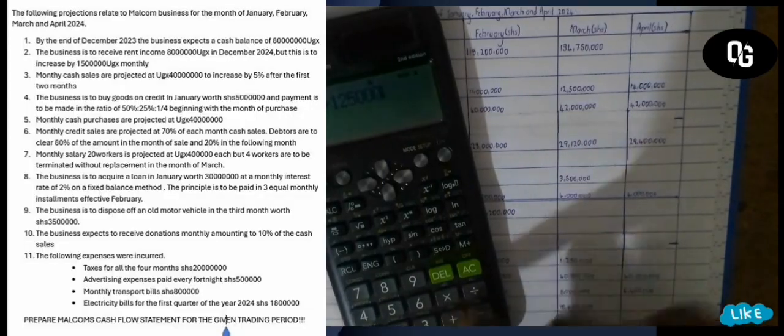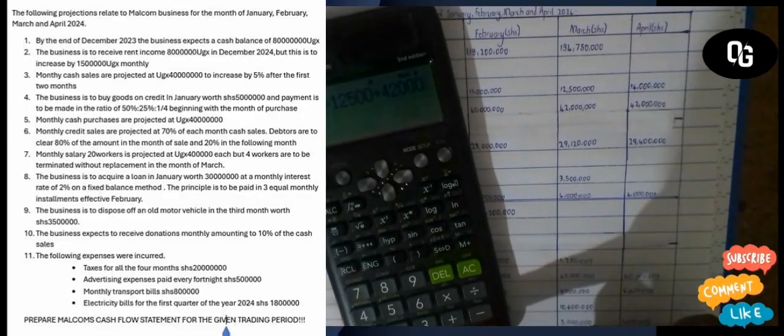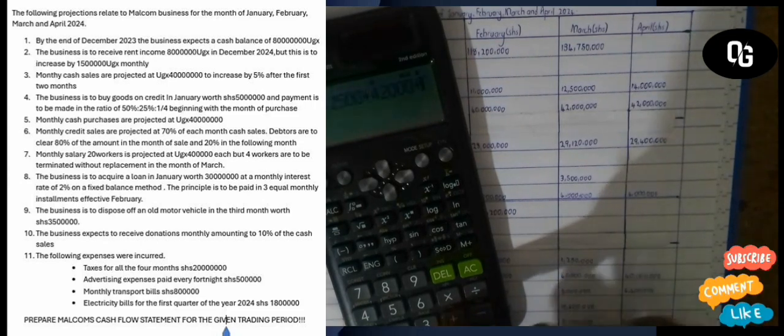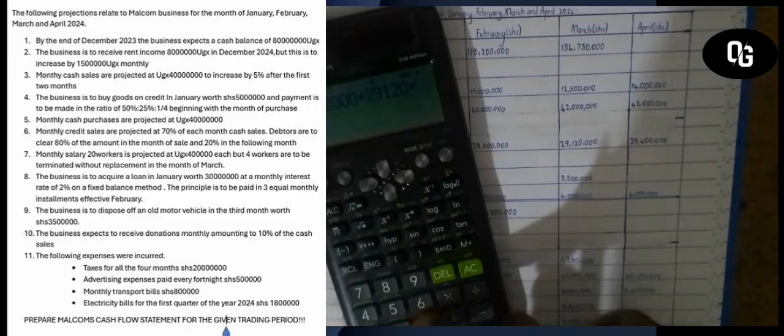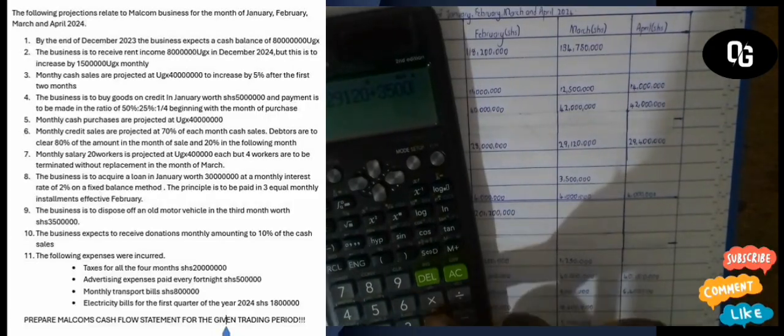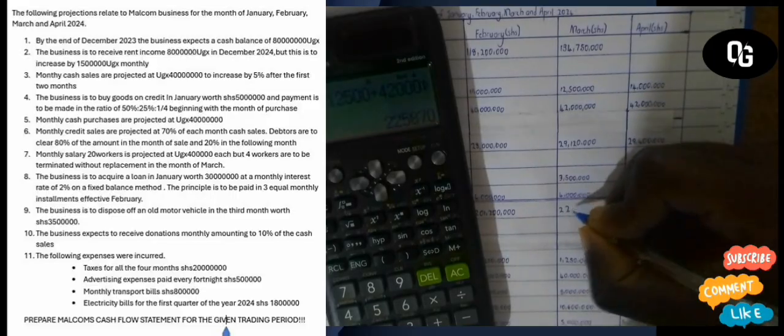So we're going to add this plus all the cash inflows: the rent income, the cash sales, the credit sales, the loan acquired, and the donations. If this is calculated properly, it should give us 225,870,000.